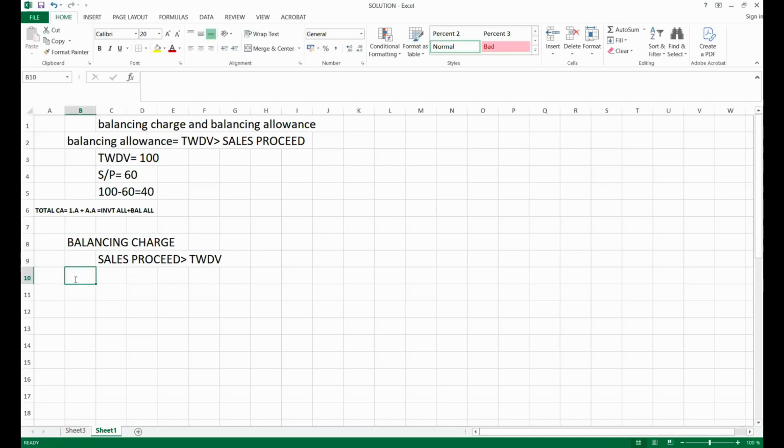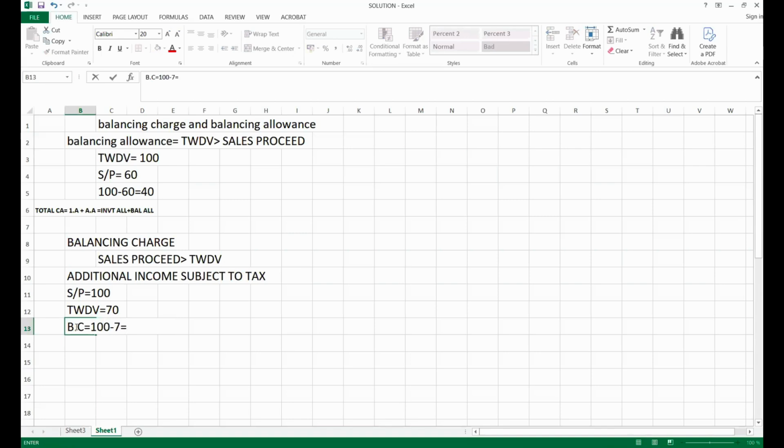This balancing charge is an additional income that is subject to tax in the hand of the taxpayer. Let's say we have sales proceeds of 100, and we have a tax written down value of 70. Our balancing charge will now be equal to 100 minus 70, which will give us what?